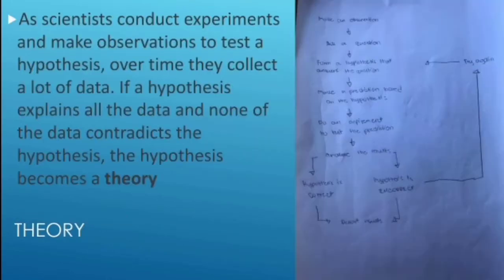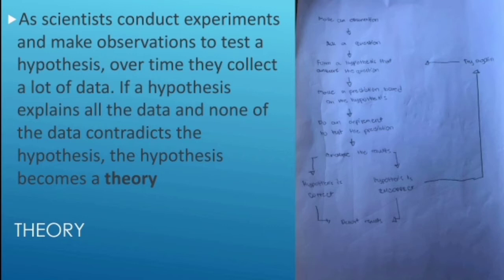And now let's move to the theory. As scientists conduct experiments and make observations to test a hypothesis, over time they collect a lot of data. If a hypothesis explains all the data and none of the data contradicts it, the hypothesis becomes a theory.